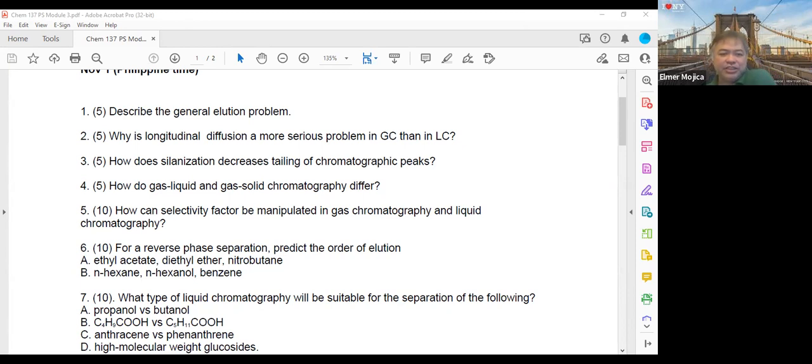So what they do is some end capping. When they do end capping, okay, what happens is they cap your hydroxyl group. So what they use here is what we call a silane. So for an example of silanization, I'm going to share this one.